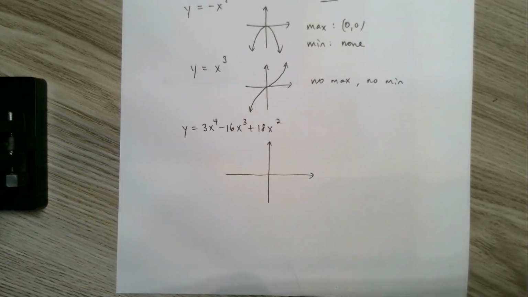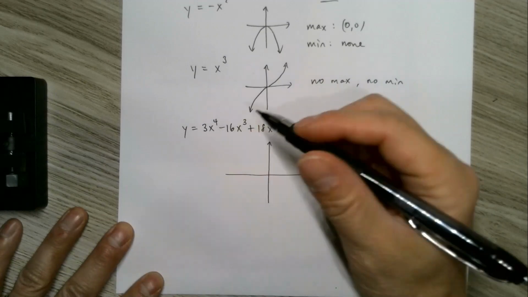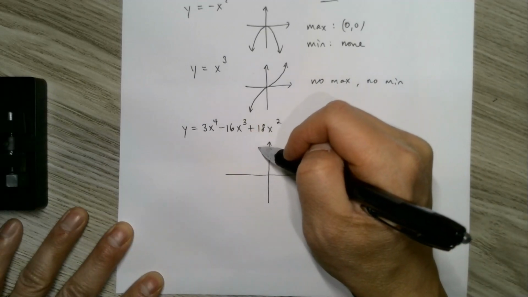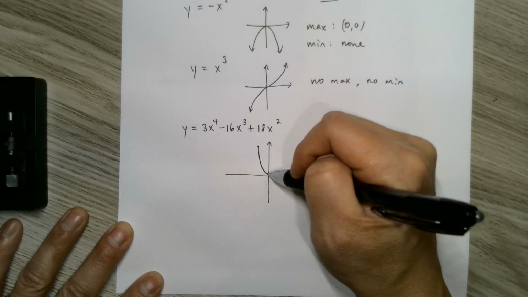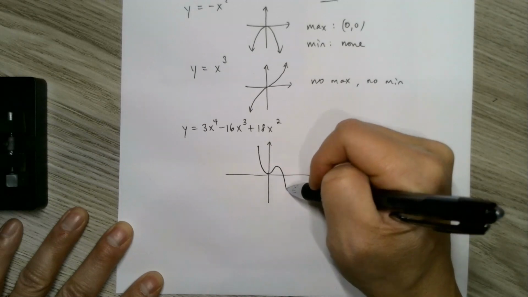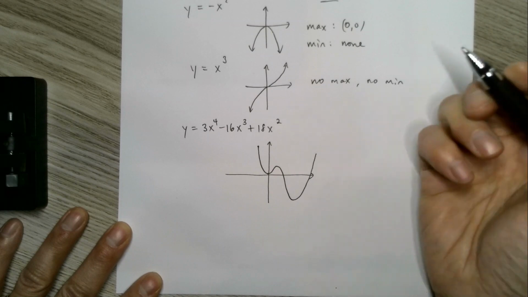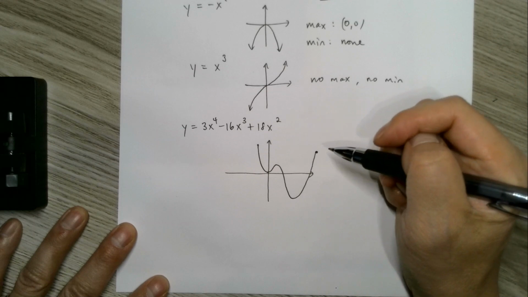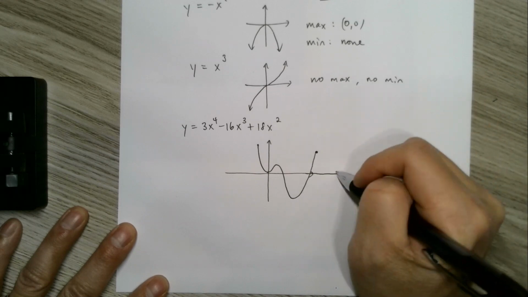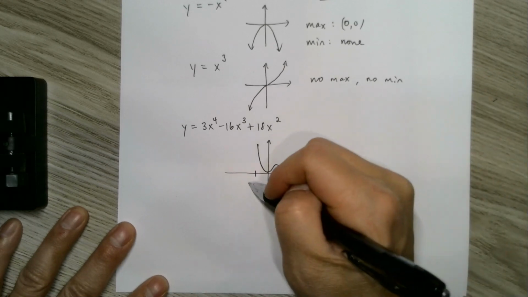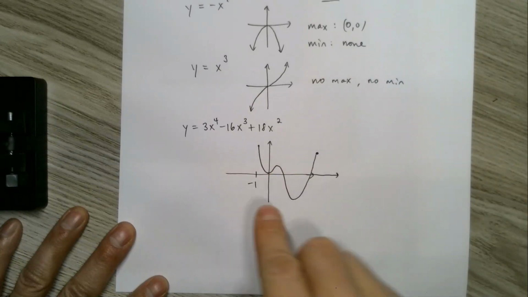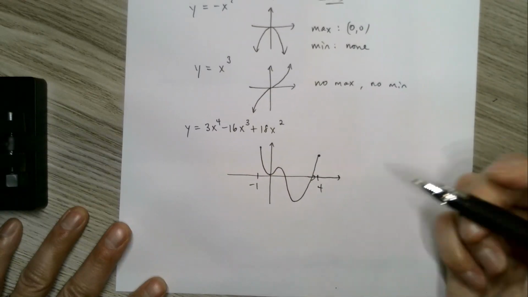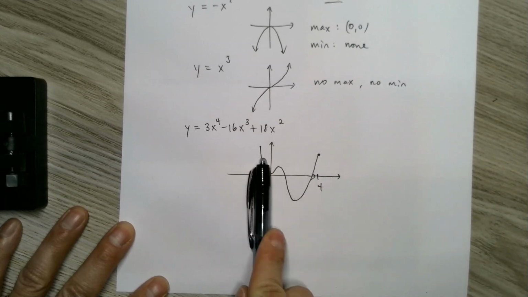This one starts up here, goes up like this, down here, and goes up here. Now, because I want to talk about endpoints, I'm going to cut this function off at both ends. So I'm going to start it at x equals -1 and end it at x equals 4 so that we can talk about this interval.